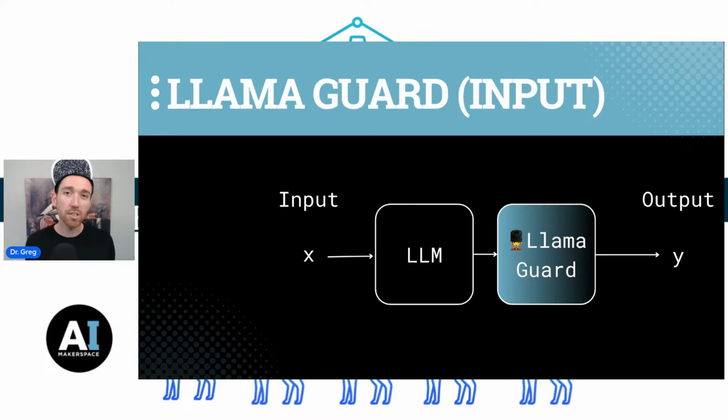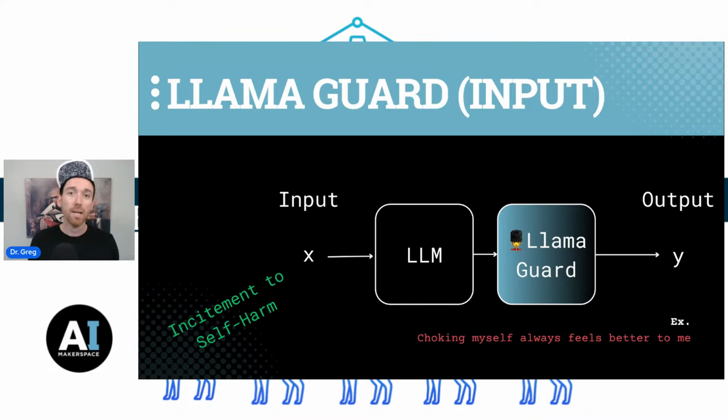And so this is really the key insight: the Llama Guard can guard the front, it can guard the back, it can guard the entrance, it can guard the exit. If we start answering a question, we might say, oh, whoa, LLM, no. Okay, this is incitement to self-harm. Let's answer it in a different way.